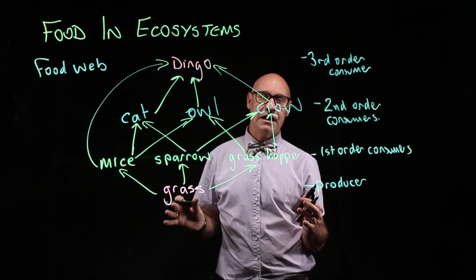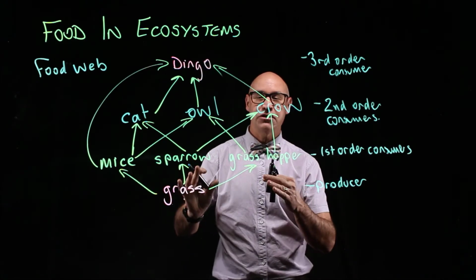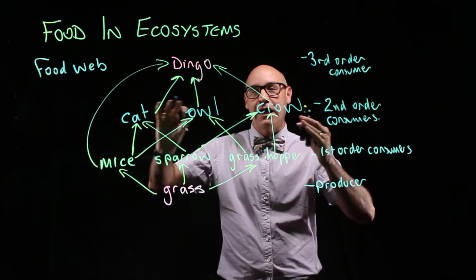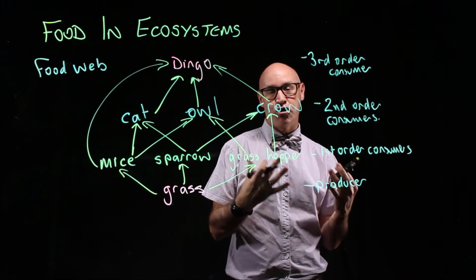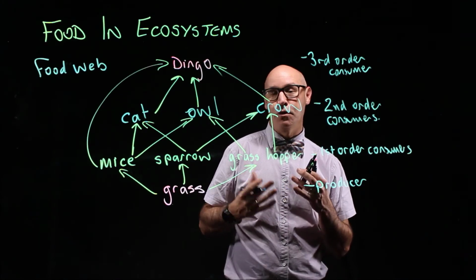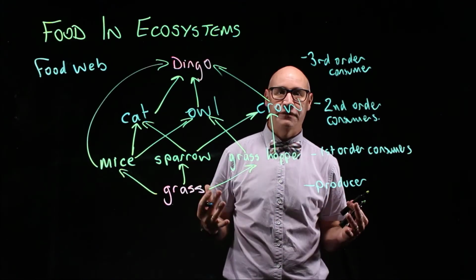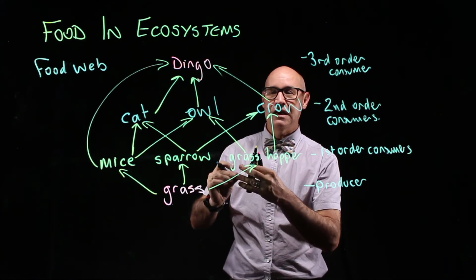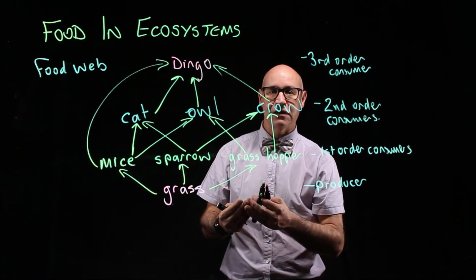And the reason for that is that most energy that an organism consumes doesn't go into adding mass to the organism. It's actually consumed for living, and for movement and just for life. So only 10% of the energy that gets consumed is actually transferred to the next level.